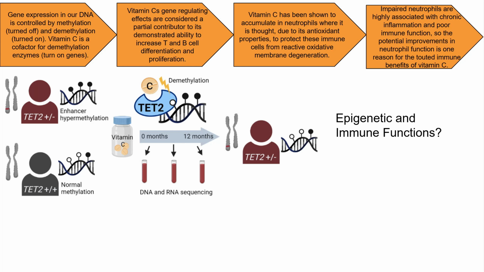Vitamin C has been shown to accumulate in neutrophils where it is thought, due to its antioxidant properties, to protect these immune cells from reactive oxidative membrane degeneration. Impaired neutrophils are highly associated with chronic inflammation and poor immune function. So the potential improvements in neutrophil function is one reason for the touted immune benefits of vitamin C.